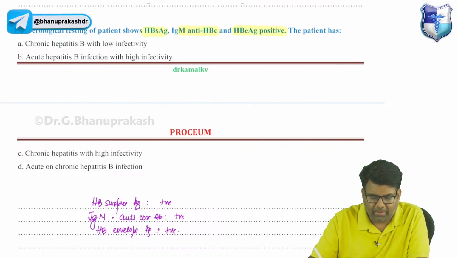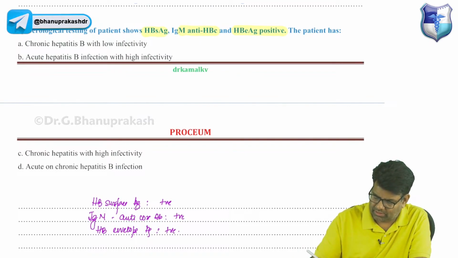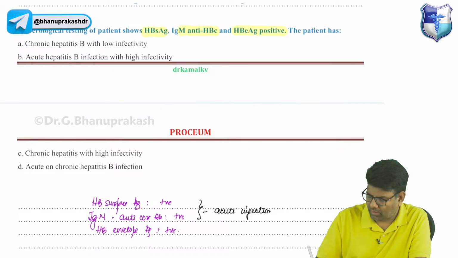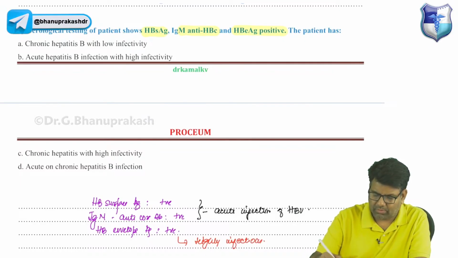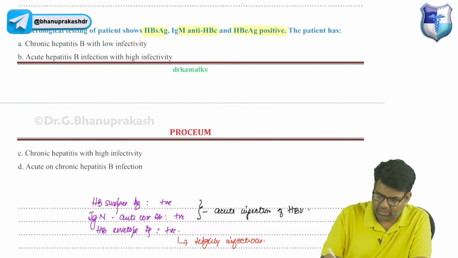What does this mean? Very good. These two say that the patient is having acute infection with the hepatitis B virus, and this tells us that the patient has a high viral load. The better answer will be acute infection with high infectivity.